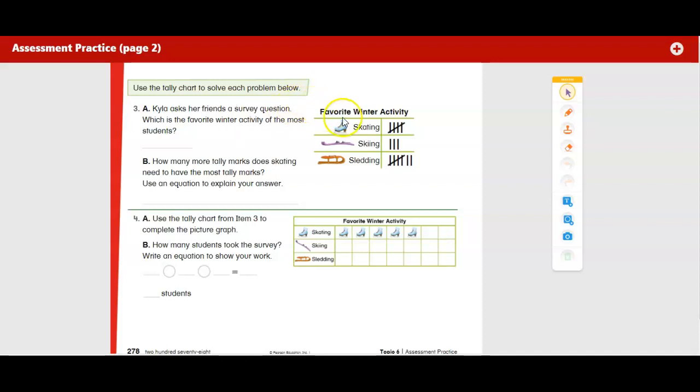So here we have our tally chart that says favorite winter activity. We have skating, skiing, and sledding. Which is the favorite winter activity? Skating, skiing, or sledding? Write the name of the favorite activity in the blank for part 3A.